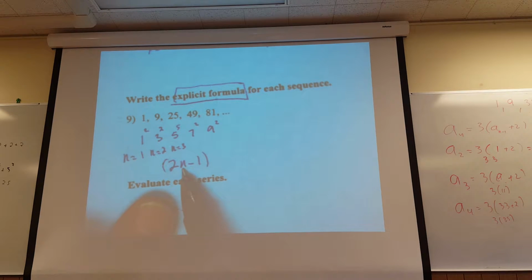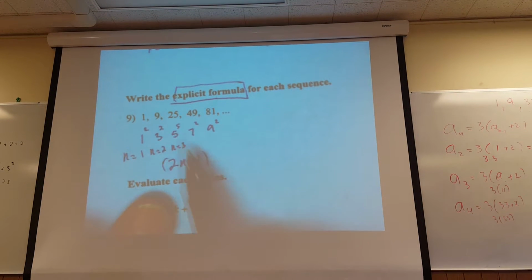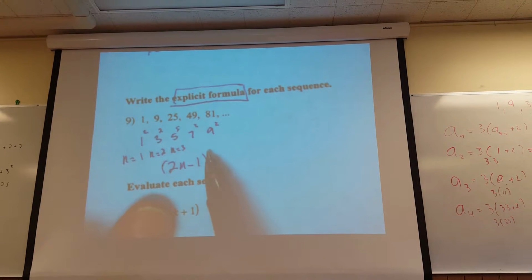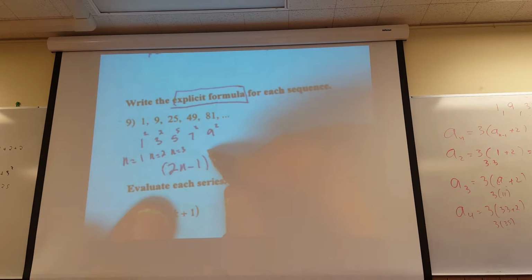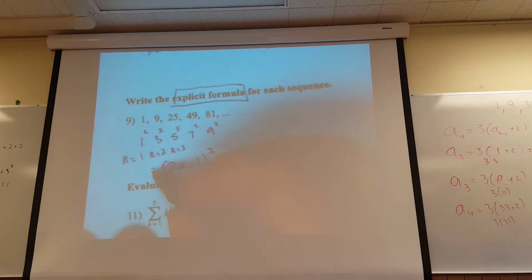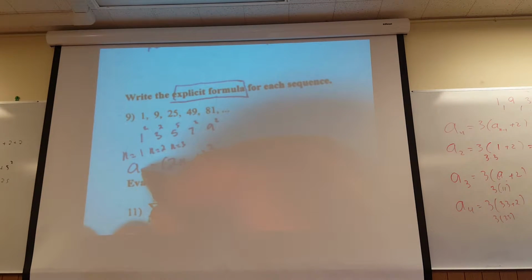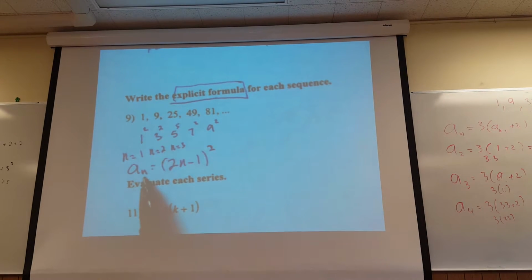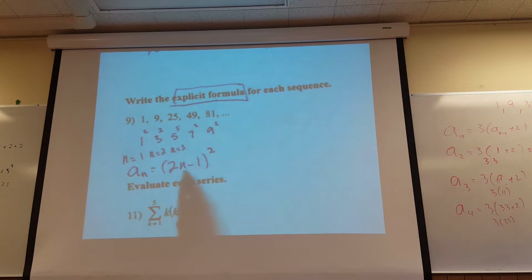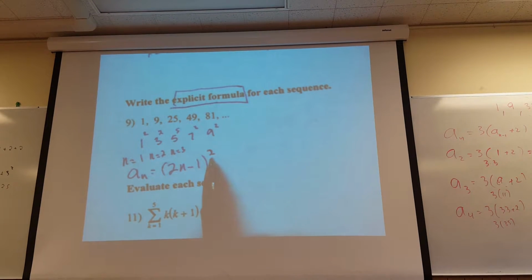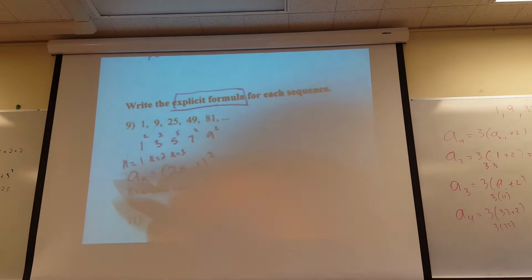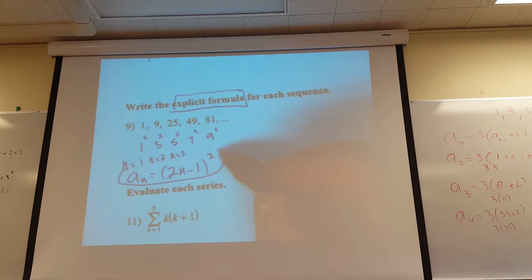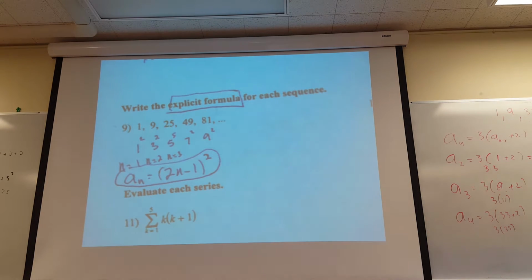When we put 3 in, that's 6 minus 1. Okay, so what do I have to do to 2n minus 1? Square it. So now we would write a sub n, your general term, is 2n minus 1 in parentheses squared. So that's the explicit formula that they're asking.